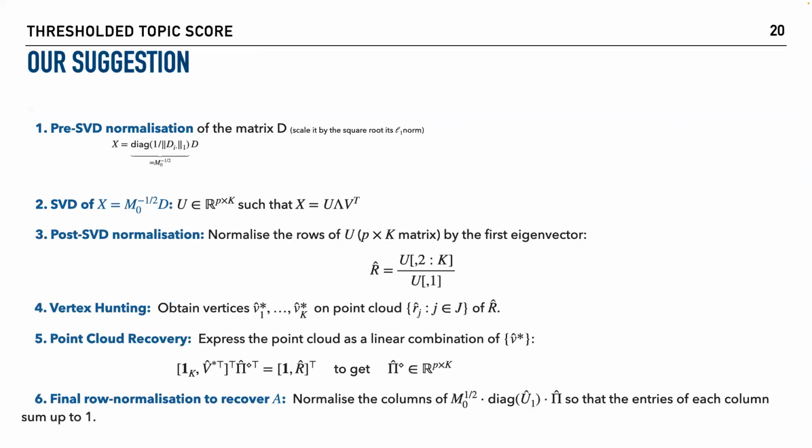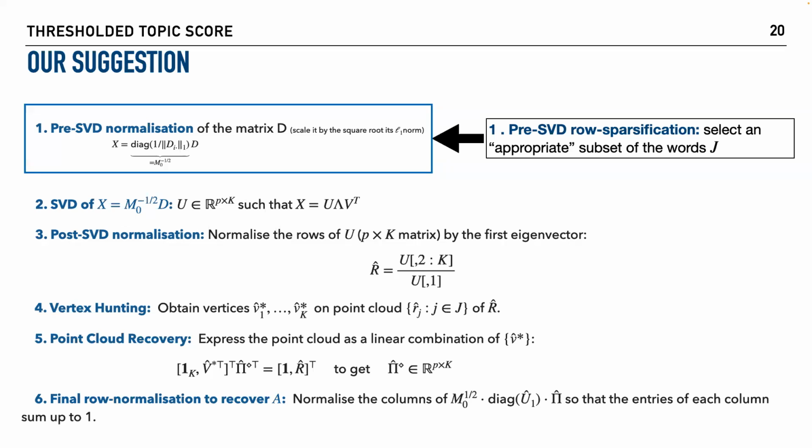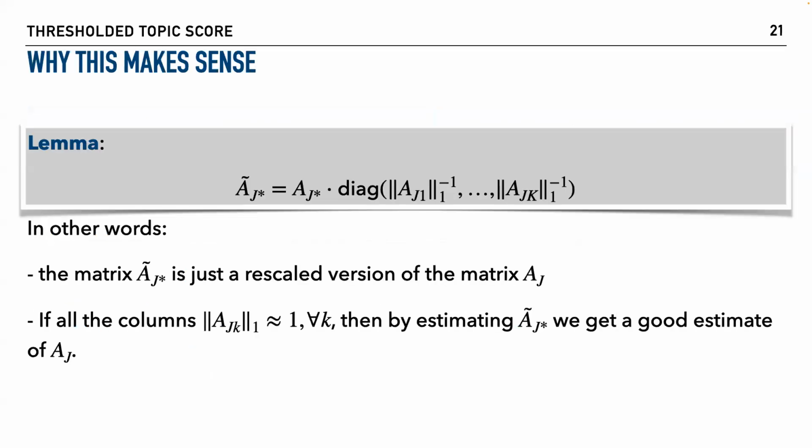The idea is that first you need to show that this makes sense, and then we'll see how to appropriately select the set of words J. So why does this make sense? Our idea is to select an appropriate subset of the words J and apply topic modeling on this new matrix A tilde.